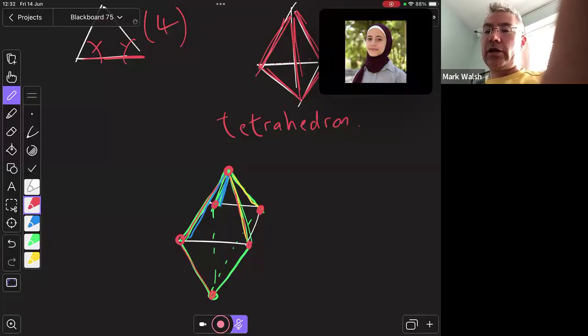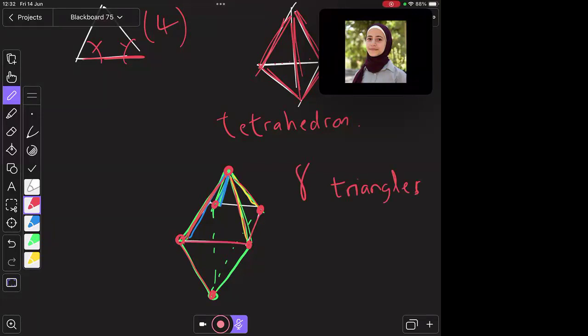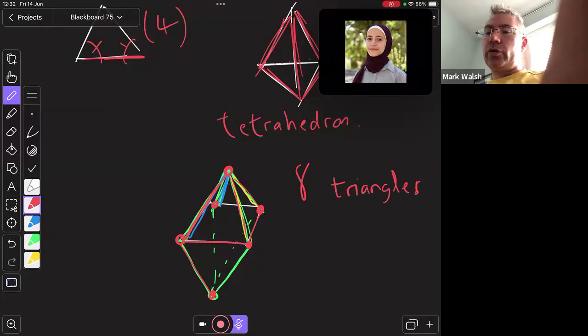And so now hopefully you can see I have something which is regular, and it has 8 triangles. Sorry, my writing is getting very bad. Triangles. Does that make sense? Okay. Yes. 8 triangles. So this is called an octohedron or octahedron.